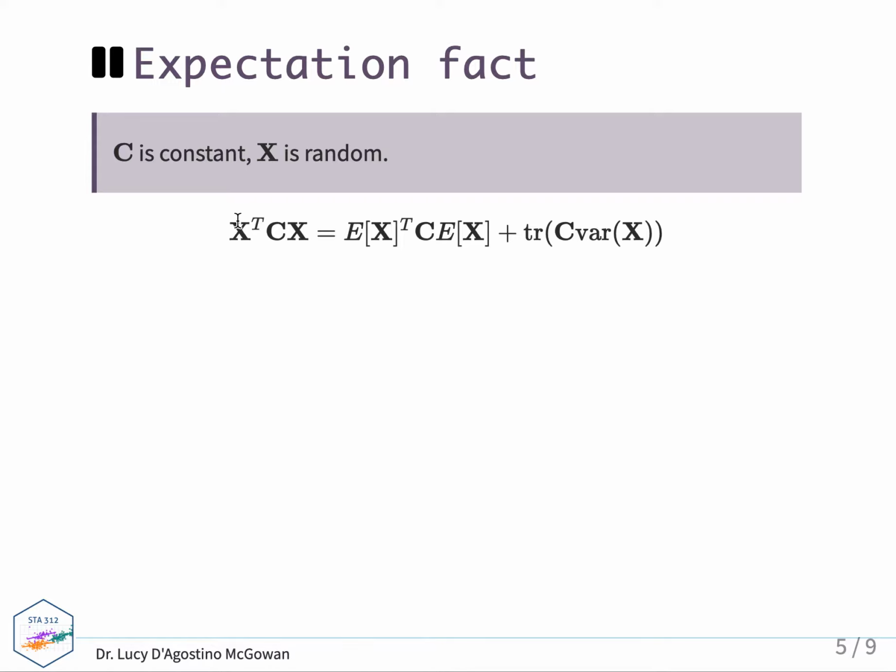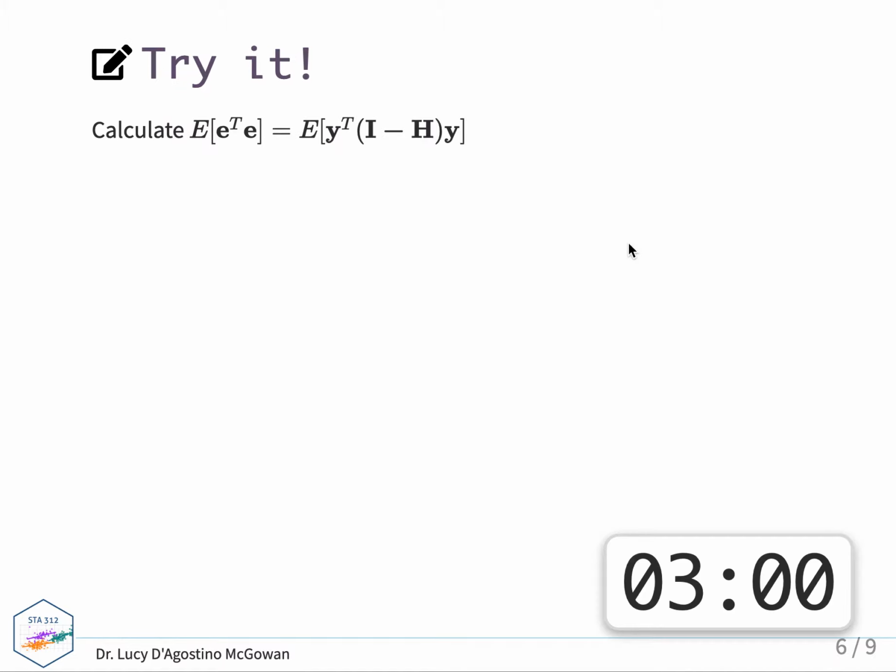The expectation of X transpose C times X, where C is a constant and X is random, is the expectation of X transpose times C, that constant, times the expectation of X plus the trace of C times the variance of X. Okay, so we're going to use that fact here.